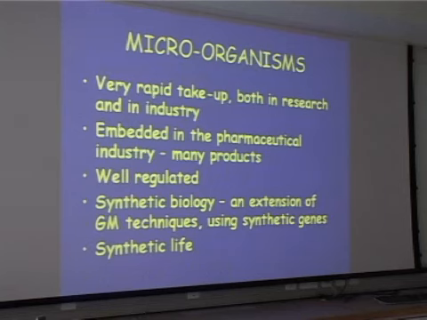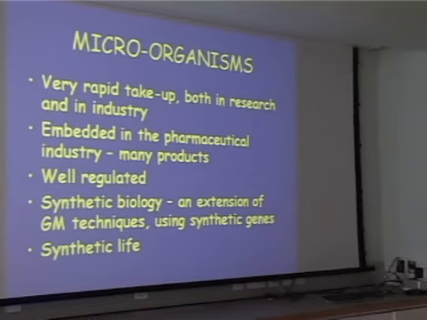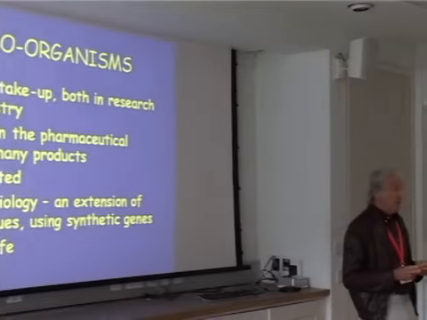So, microorganisms, I'm just going to rush through this. There was very rapid take-up in research and industry, and many of us in research labs use microorganisms to basically store bits of DNA in, and we can then grow them up again. It's embedded in the pharmaceutical industry. Many products that are available for human and animal health now are made through genetic manipulation.